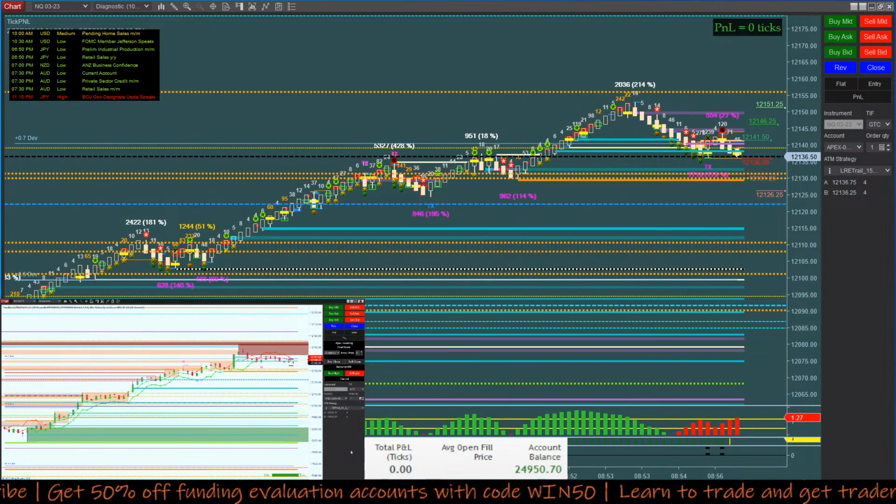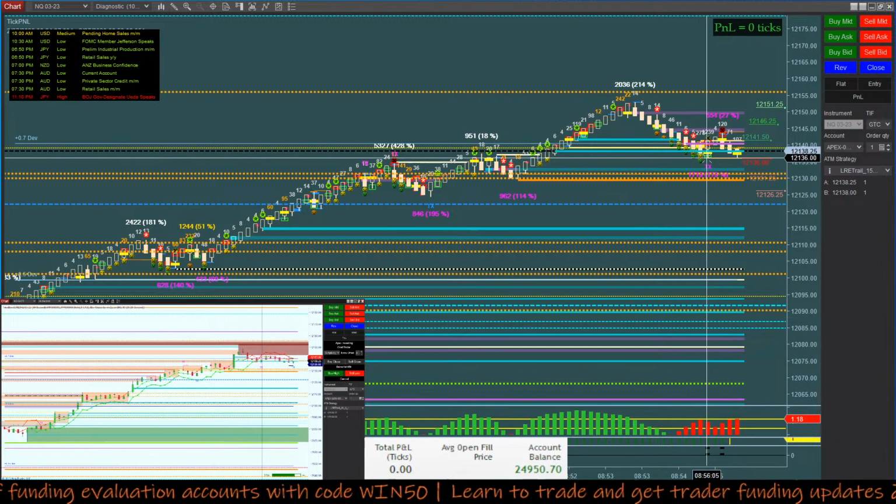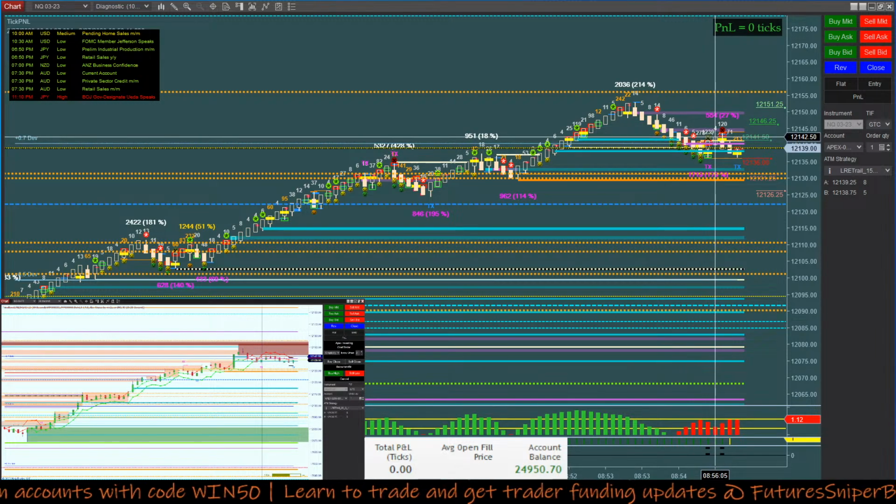I have some HD on the 10 tick. This bar right here is 179% of the last pullback, so that would be HD.